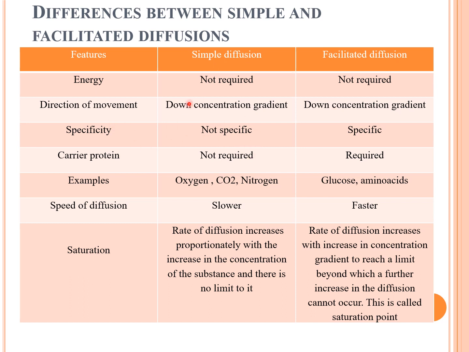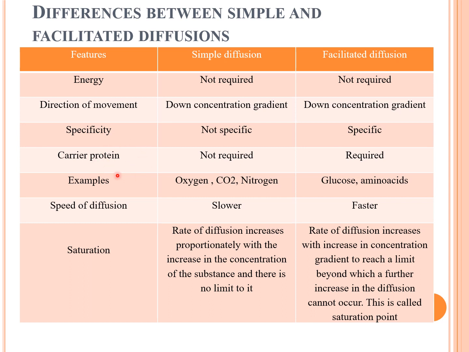If you take simple diffusion, specificity is not there, whereas facilitated diffusion is specific for some substances. In simple diffusion, the channel proteins will allow any type of molecule, but facilitated diffusion will allow only some specific molecules.